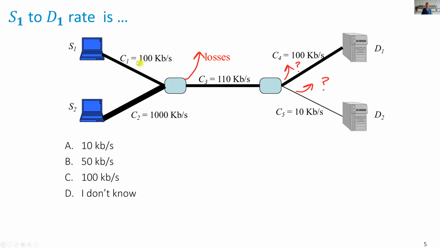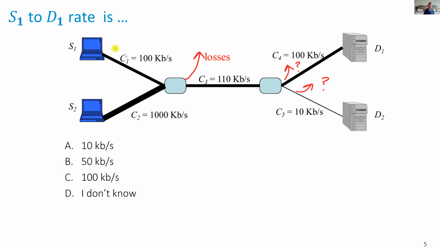For example, if we lose here 50% of the traffic of S1, the rate that I would consider would be 50 kilobit per second. And we know from what we've discussed in the transport module that if a flow loses 50%, it can still send 50% useful information.